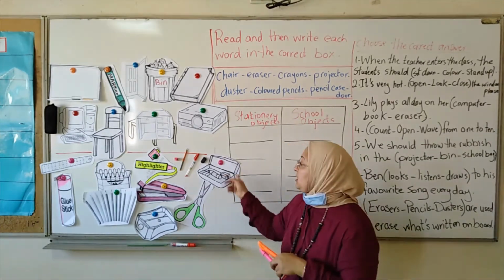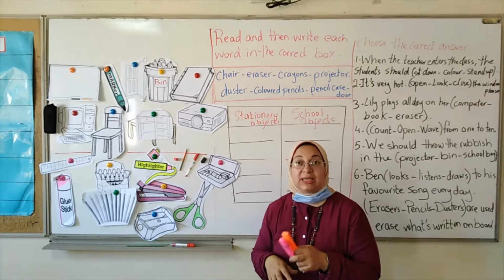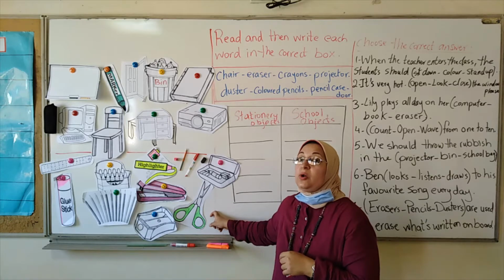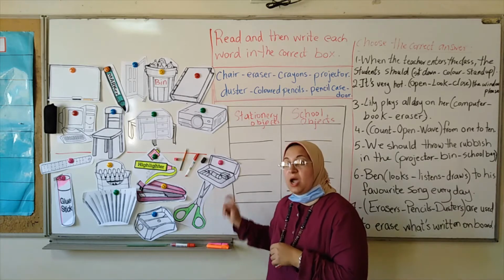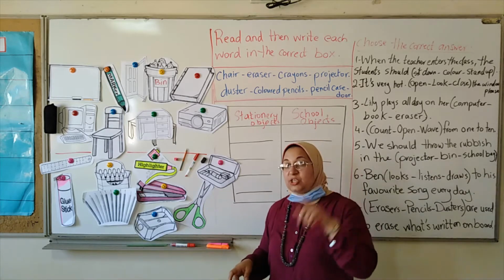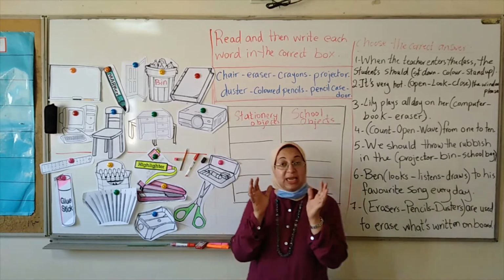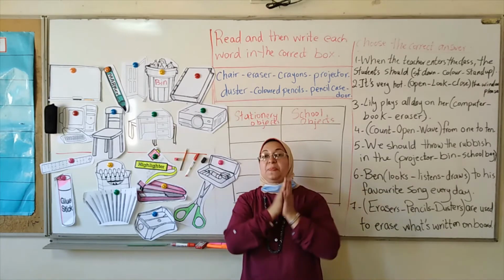So all these things I can put inside my pencil case, so that's why we call them stationary objects. Let's say it again. Stationary objects. So stationary objects is the pencil case and everything that I can put inside the pencil case.